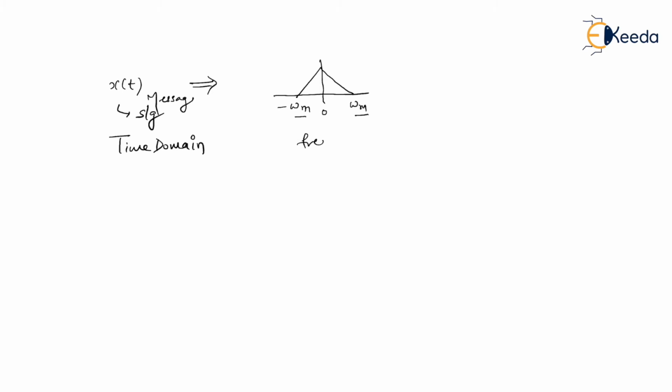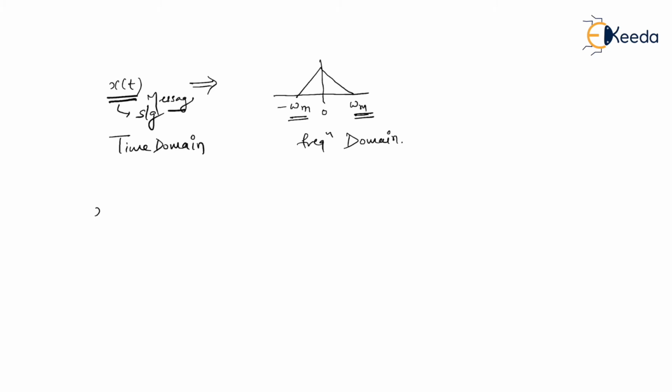So this is the frequency domain. So you wanted to transmit this message signal having frequency omega m to a longer distance by using a minimum size of antenna. Then the idea says you perform modulation, that is, raise the frequency content, and then even with a smaller size of antenna, it is possible to transmit the signal over longer distances.